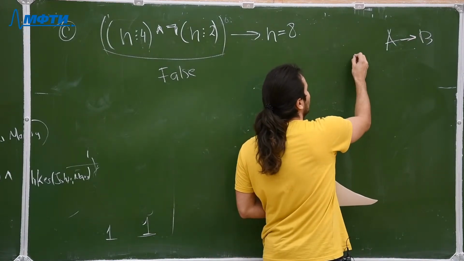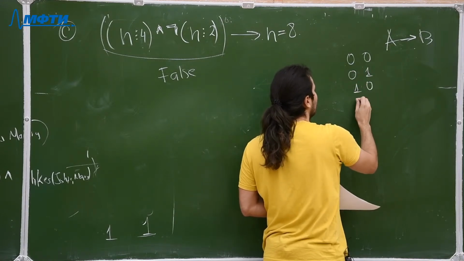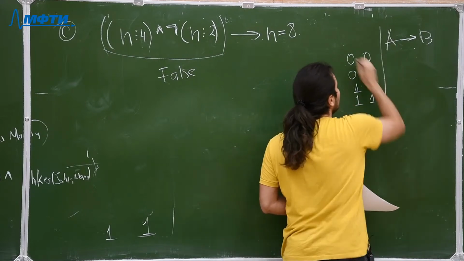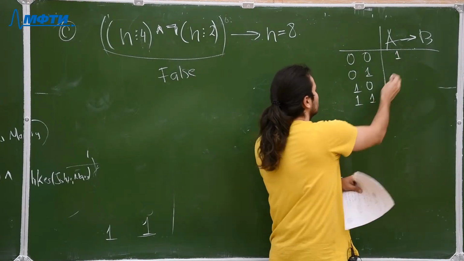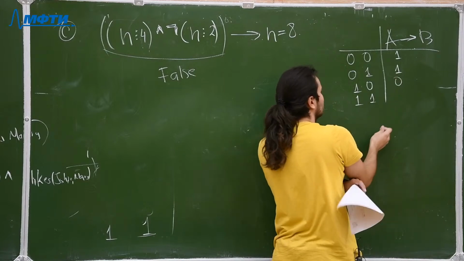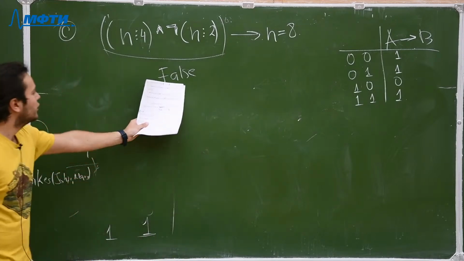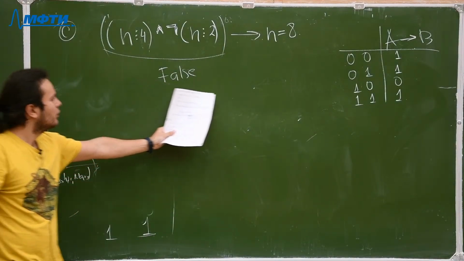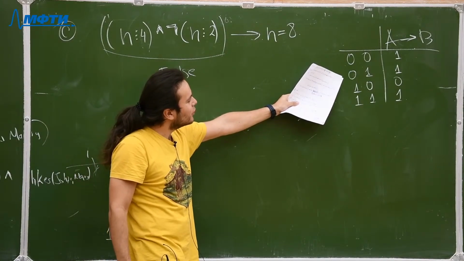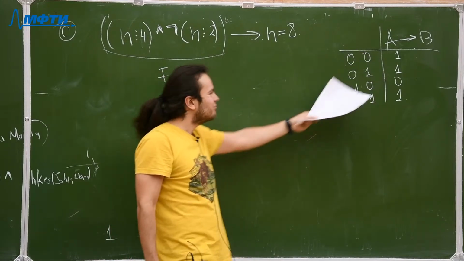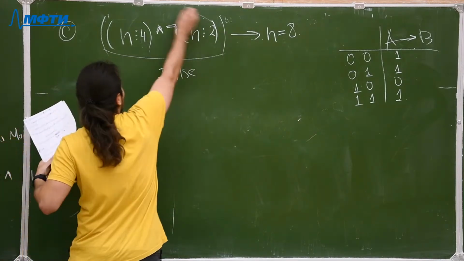We have 0, 0, 0, 1, 1, 0, and 1, 1. What do we get here? So, this is false. And in our case, it doesn't matter that it is false. It's going to be true. So it doesn't make sense, you know. But that's it.